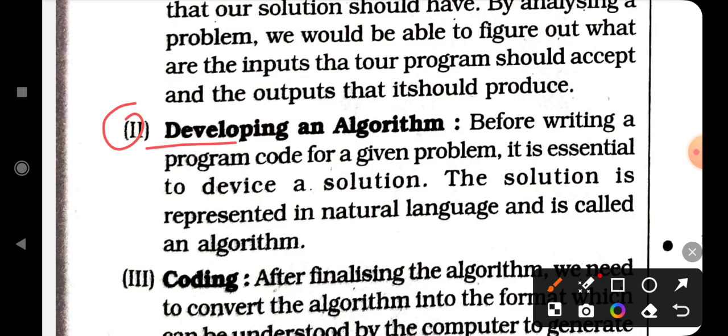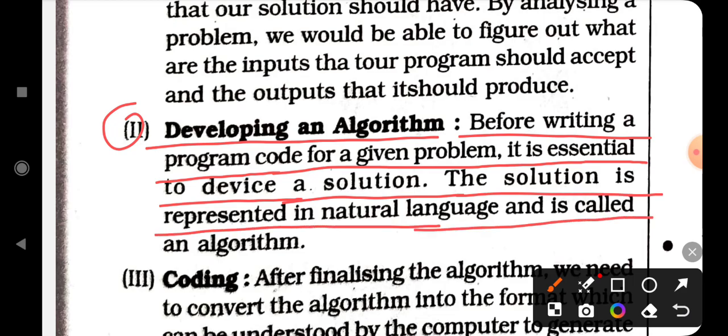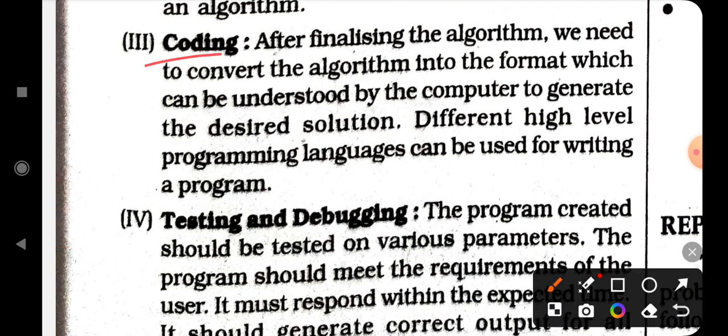Second, developing an algorithm. Before writing program code for a given problem, it is essential to devise a solution. The solution is represented in natural language and is called an algorithm. Third, coding.